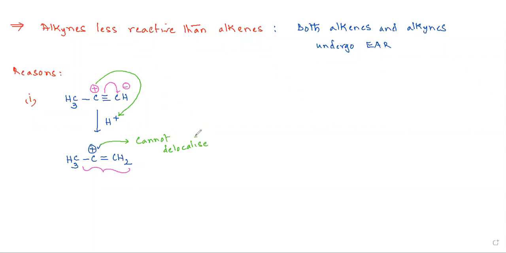The carbocation cannot undergo rearrangement, so it is less stable. Vinyl carbocation is less stable as there is no possibility of delocalization. This is in case of alkynes. And when you go for alkenes, see what happens.